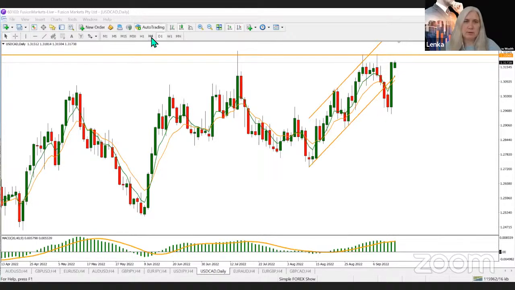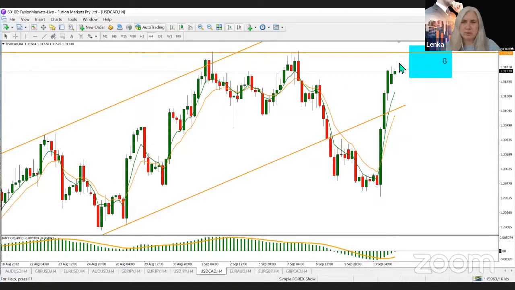So on the 4-hourly time frame, I'm just looking for that to keep going up at this point. And I will see if there is a reversal at around that point. If I see a false break and retest, or any type of false break through that level, and then price closing back underneath, then I would be looking for short opportunities.